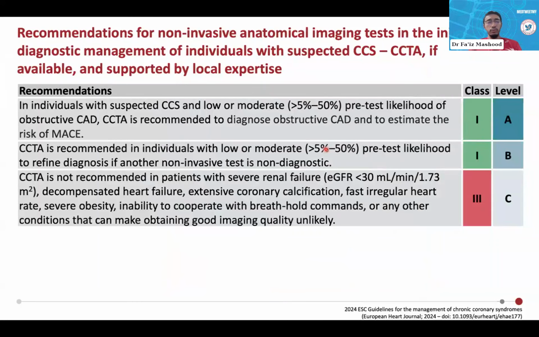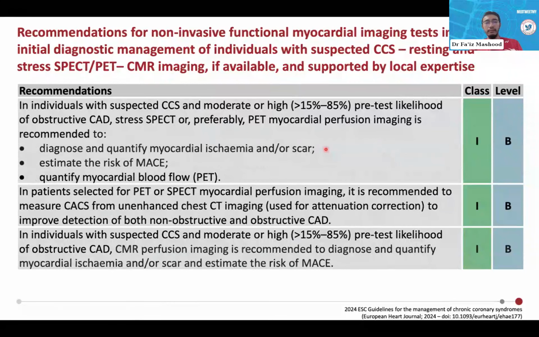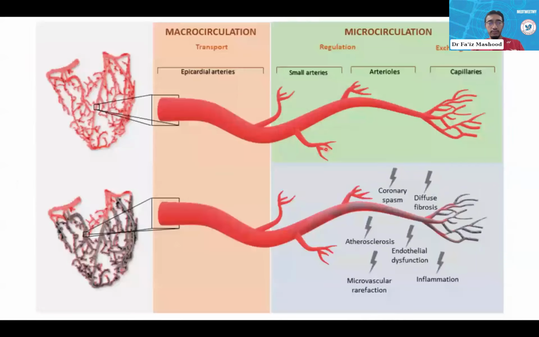For those with low to moderate risk, it's a class 1 evidence to go for CTCA. All right. But for those with moderate to high risk, after we have certified the patient, stress echo, it's either treadmill stress or the dobutamine stress, is a class 1 as well. And then for moderate to high risk, cardiac MRI, SPECT scan, and PET scan is a class 1 to offer for the patients as well.